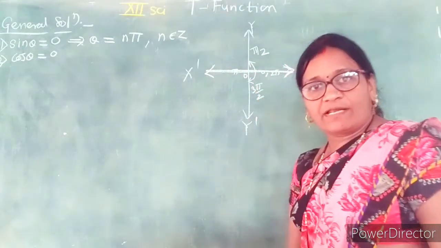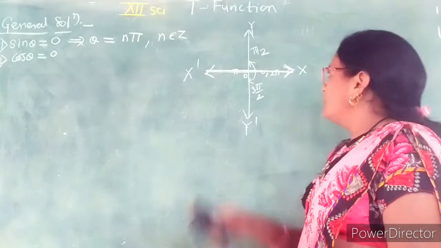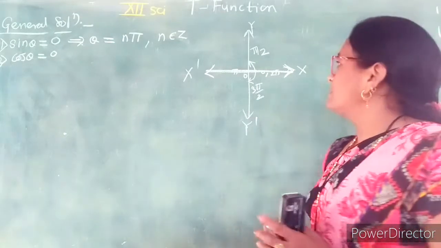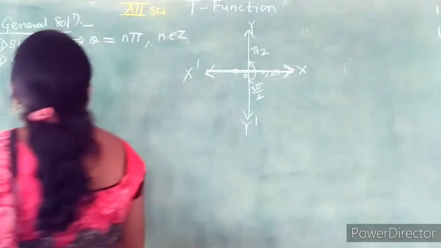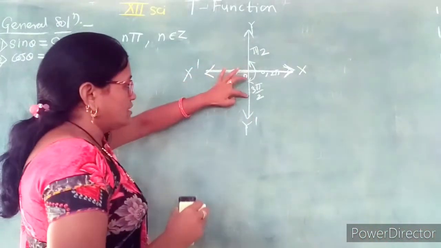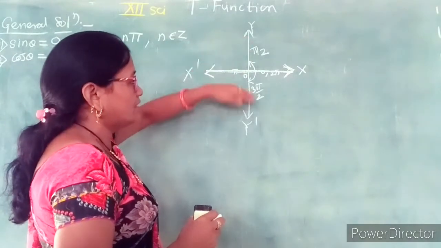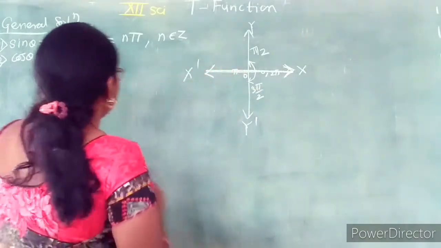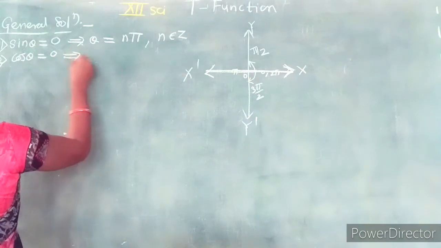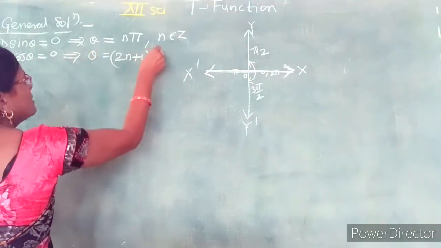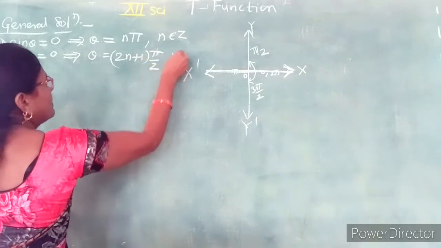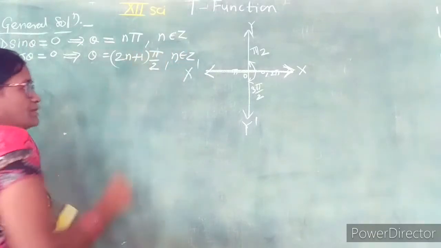This is for anti-clockwise measurement. In the clockwise measurement the angles are negative. These are odd multiples of pi by 2: pi by 2, 3 pi by 2, 5 pi by 2, 7 pi by 2. So the solution is (2n plus 1) times pi by 2, where n belongs to Z.